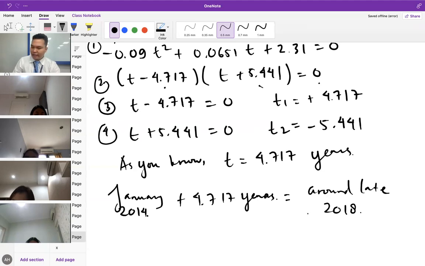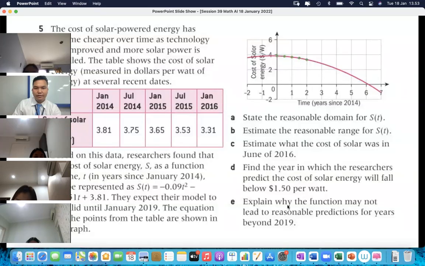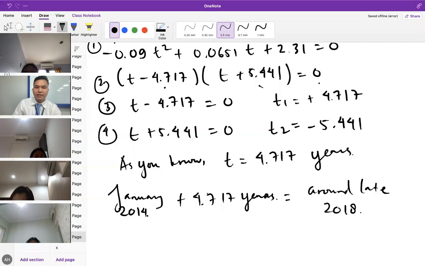Done. That's the answer for number 5D. Find the year in which the researchers predict the cost of solar energy will fall below $1.5 per watt. It is 4.7 years after, which is around late 2018.